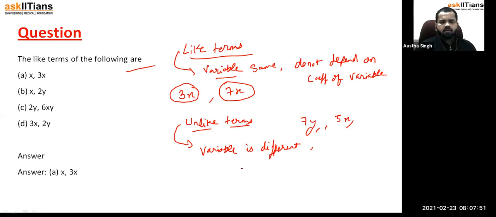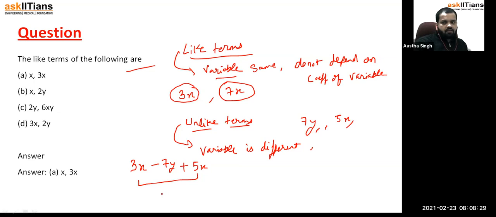Why have we classified terms as like terms and unlike terms? Because of addition, subtraction, multiplication of algebraic expressions. Like if we have to write 3x minus 7y plus 5x, and I ask how many terms are there in this algebraic expression, will you say three terms?